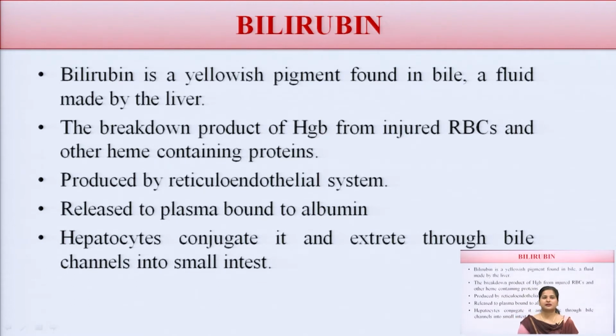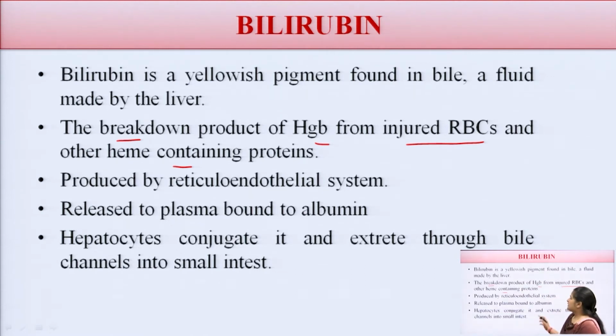So, what is bilirubin? Bilirubin is a yellowish pigment found in the bile, a fluid which is made by the liver, and it is the breakdown product of hemoglobin from the injured RBCs and other heme containing proteins. So, this bilirubin comes from the breakdown of RBCs, from the globin or protein parts.